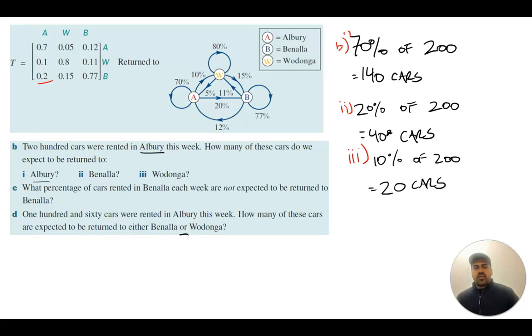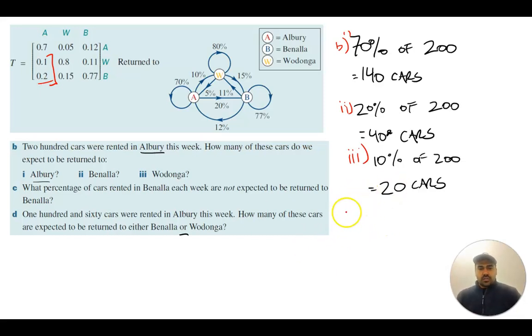We're either going to be figuring out if 70% is going to start at Albury and return to Albury, what that difference is for the remaining, or we can add the other two decimals together and turn them into percentage. You get the same answer. You'll end up getting 30% of what we're figuring out. The 70% is going to go to Albury. The other 30% is going to go to two other places, Wodonga and Benalla.